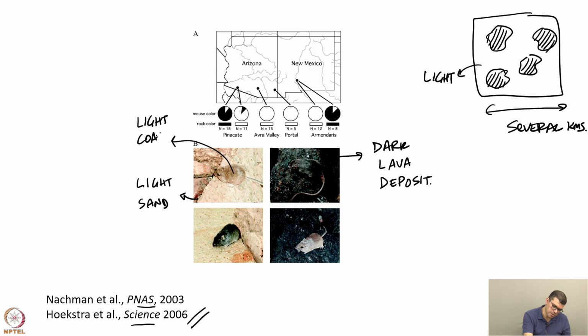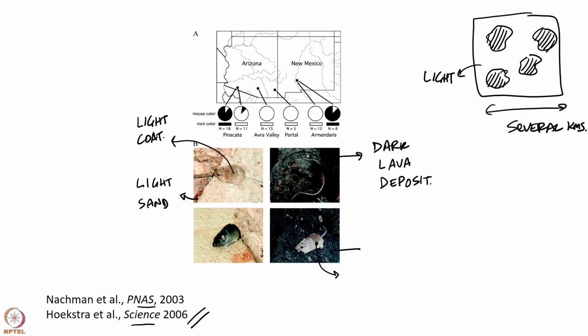and that makes sense because a light coat means that they are camouflaged with the background and it is harder for predators to find them and feed upon them. But with the introduction of this type of background, a light colored mouse on this background is so easy to detect for predators that its fitness, the number of offspring it produces before it is predated upon, is remarkably smaller as compared to the dark colored mouse on the dark lava deposit.